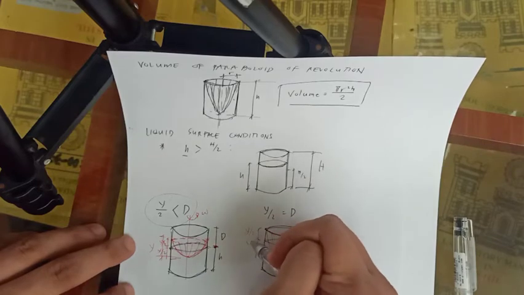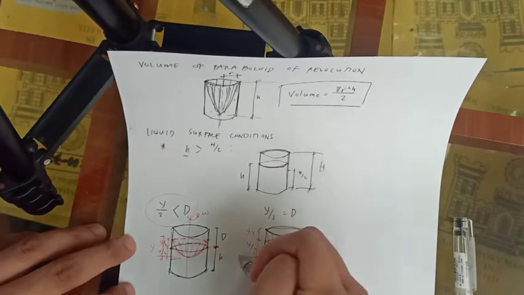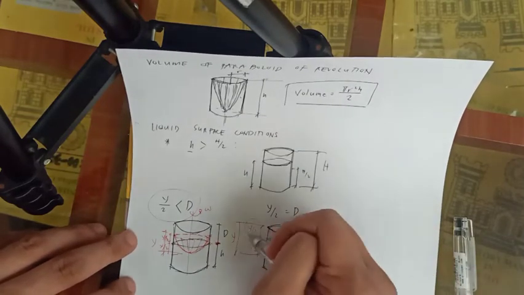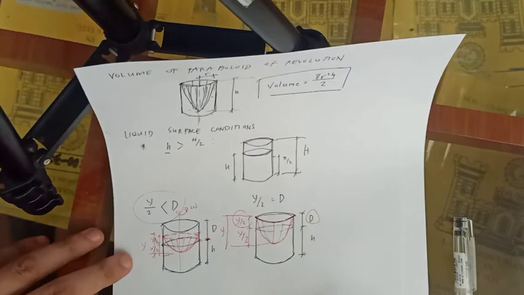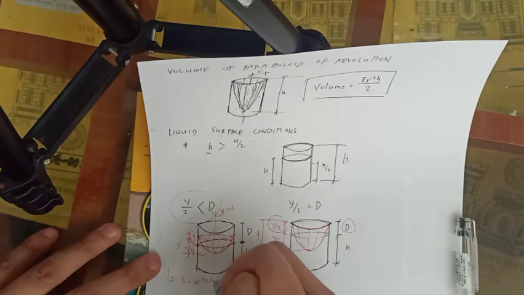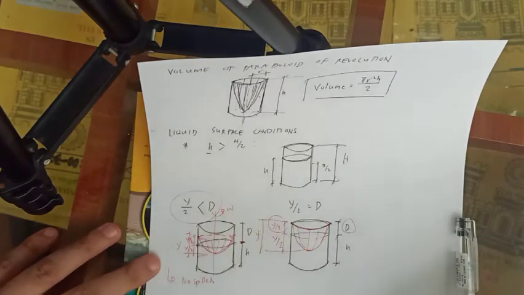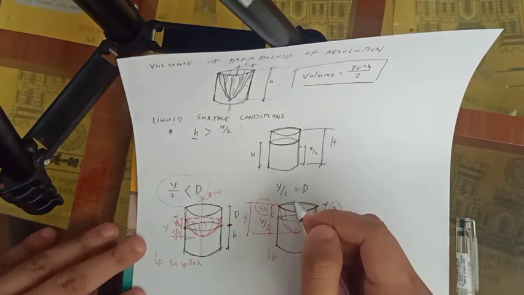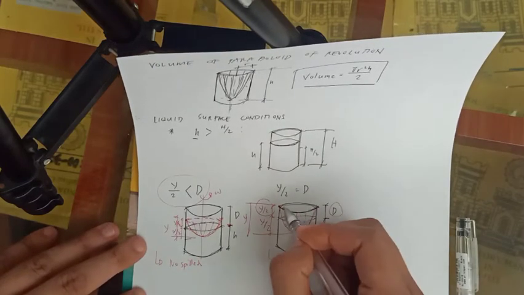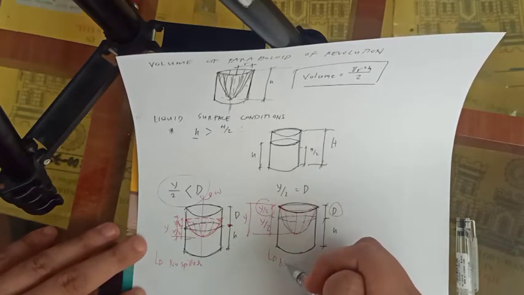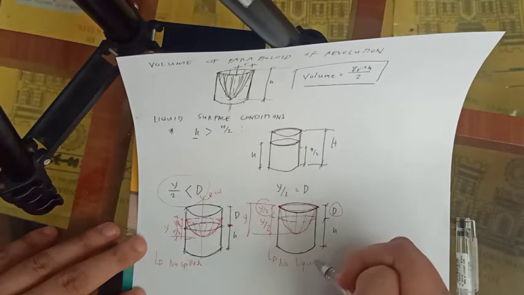Therefore y over 2 equals d. This is no liquid spilled, with the liquid surface just touching the top rim. It is also no liquid spilled.